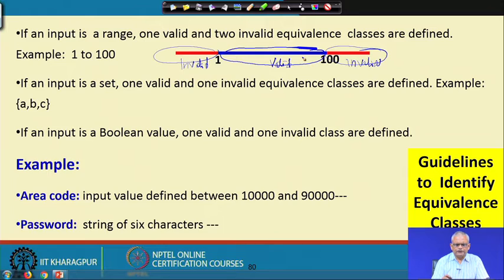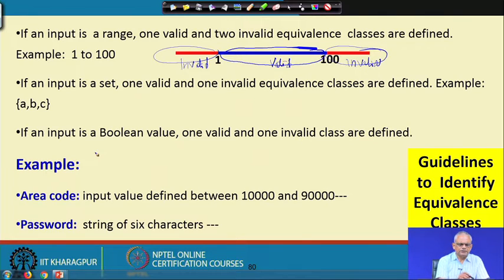Now, what if the input is a set of values? Let us say only A, B, C. Let us say our software takes only a character, and based on the character it does certain functions. These are the menu choices, A, B, C, and these are the only valid menu choices. You have to input any one of these.